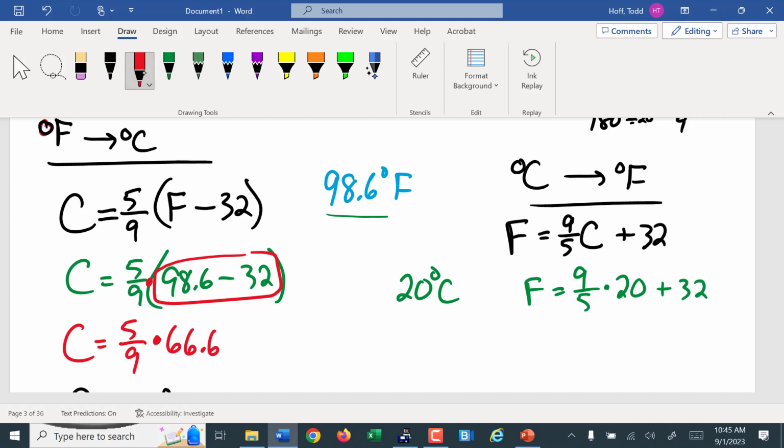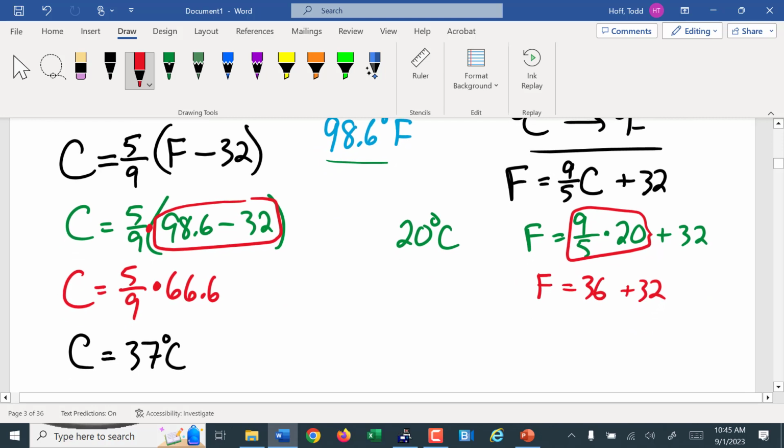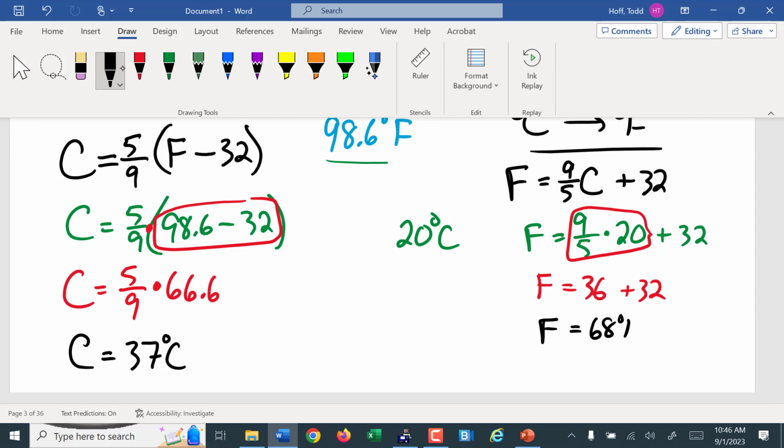Order of operations, what do we have to do first there? Multiply 9/5 by 20, which is 36. And then we just add those two numbers. 36 plus 32 is 68 degrees Fahrenheit. That's a pretty nice day in my book.